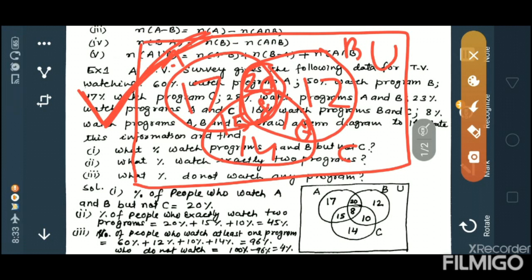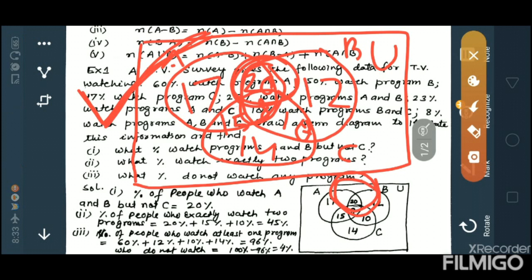Percent of people who watch A and B but not C. A and B but not C means only the A and B part, not B and C. You can see here 17, 20, 12.